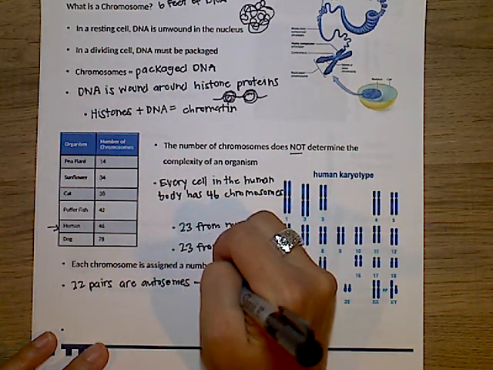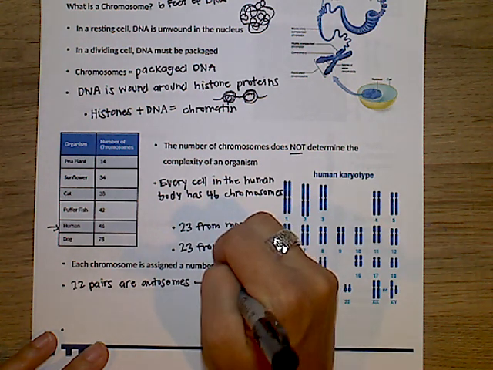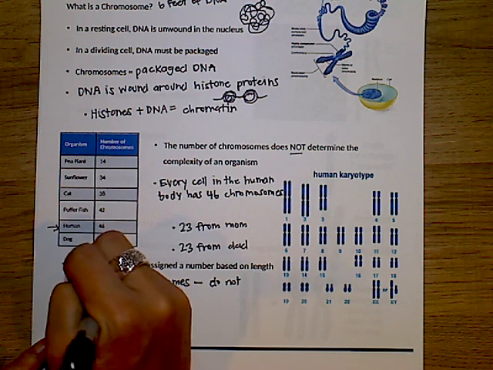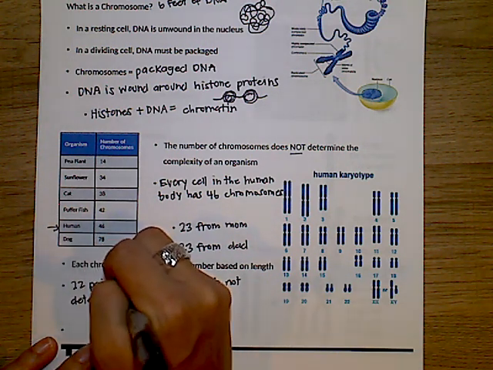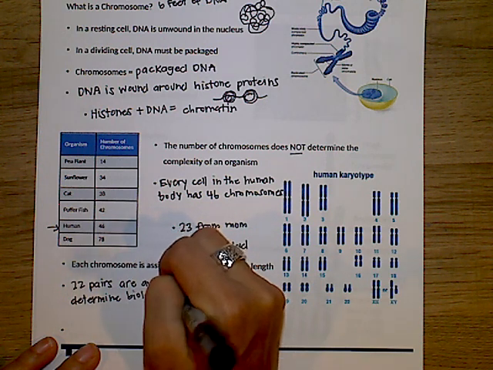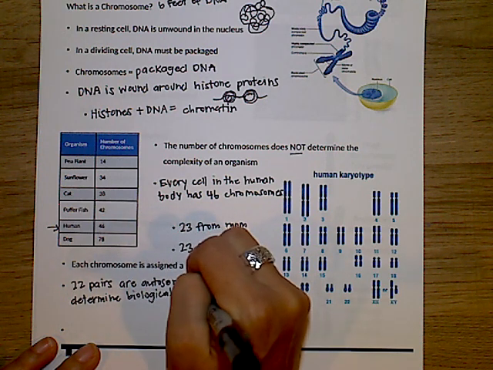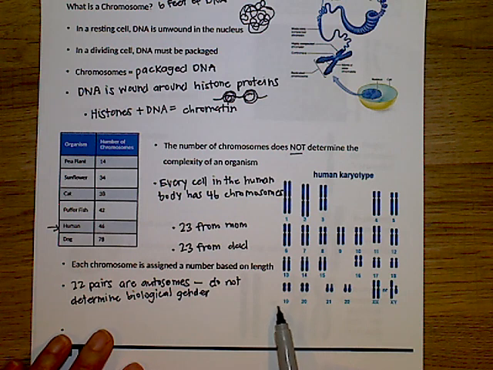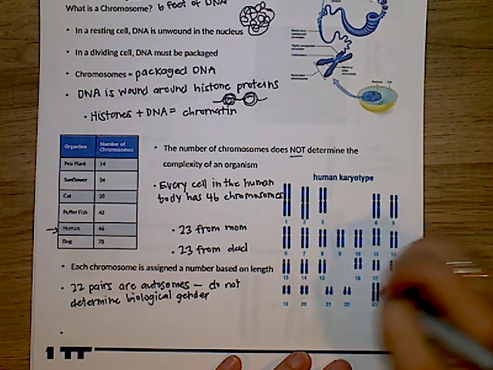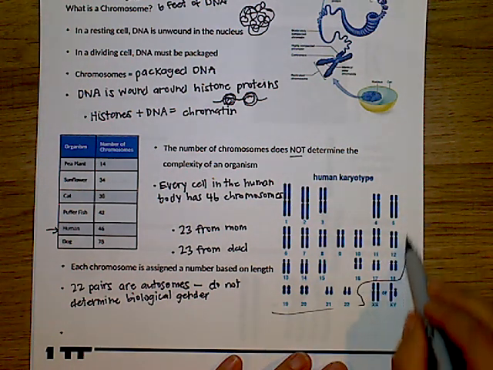So they do not determine biological gender. But they code for pretty much everything else. So in this model here, all of these, excluding these two, are autosomal chromosomes.